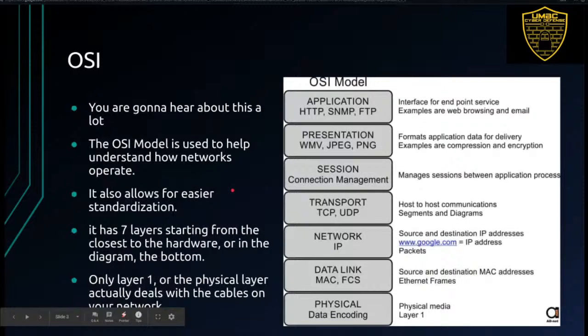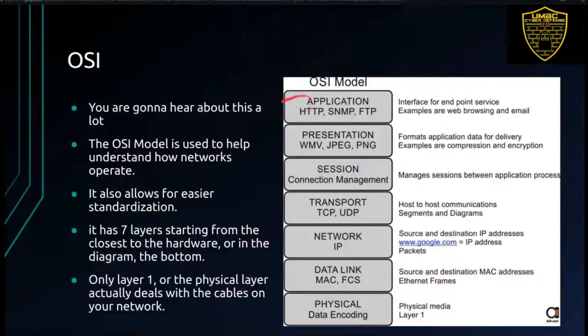This is the OSI model. You're going to hear a lot about it. It's basically all over the place. It's used to help people understand what exactly things are doing and what's happening on a network. It also allows for easier standardization. There's 7 layers.